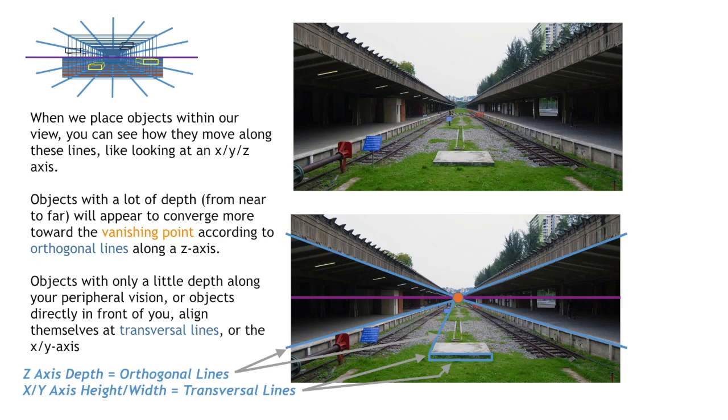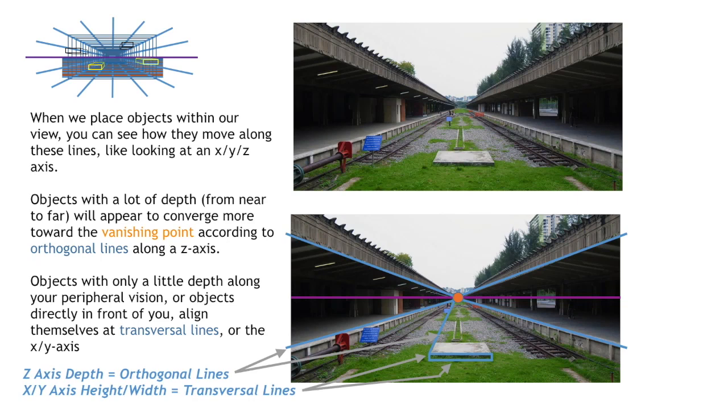And so I've outlined some objects within this photograph. You can see some of them taking the orthogonal lines predominantly, which are the train station lines and the railroad tracks, and those kinds of objects are moving along orthogonal lines. And then you have the railway ties themselves.